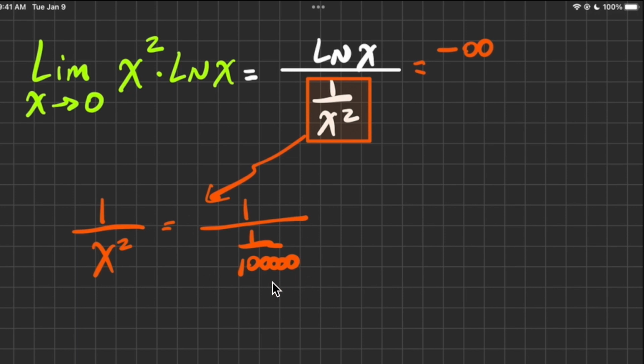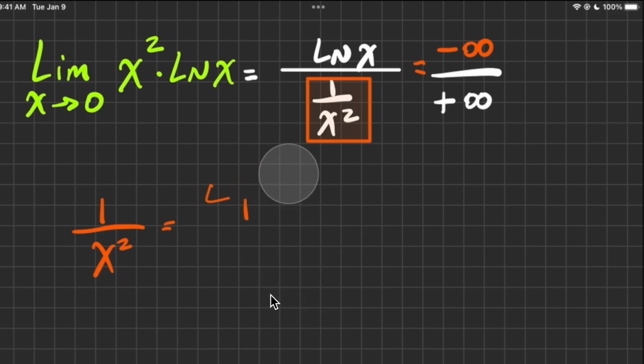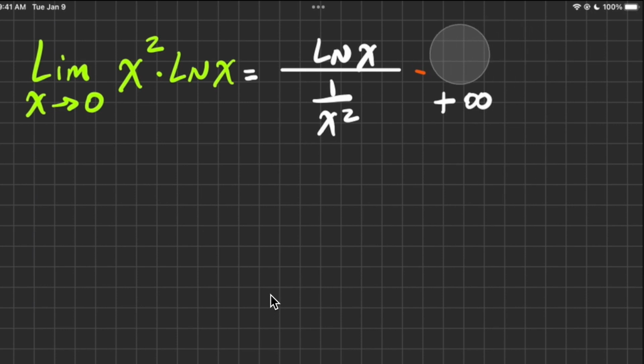Now, as we simplify this denominator and multiply top and bottom by 1,000,000, we're going to get a big number. So this denominator is going to be a big positive number. And we're going to have negative infinity over infinity, and that is indeed L'Hopital's friendly.